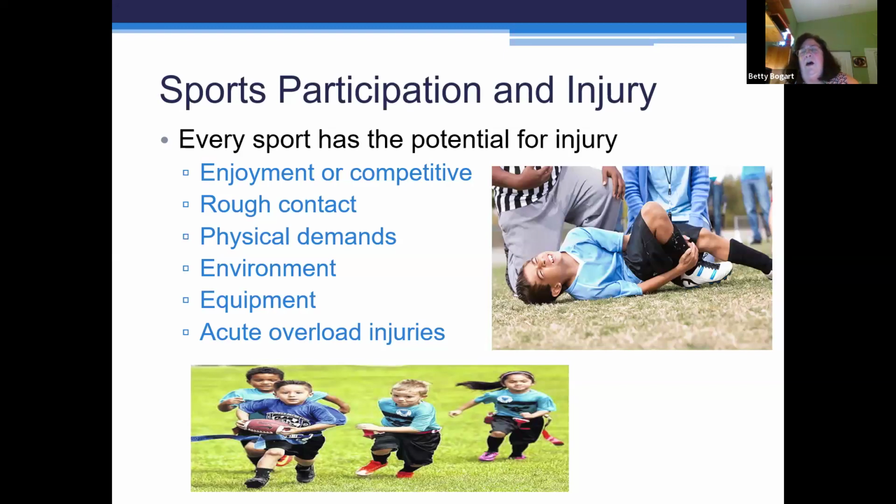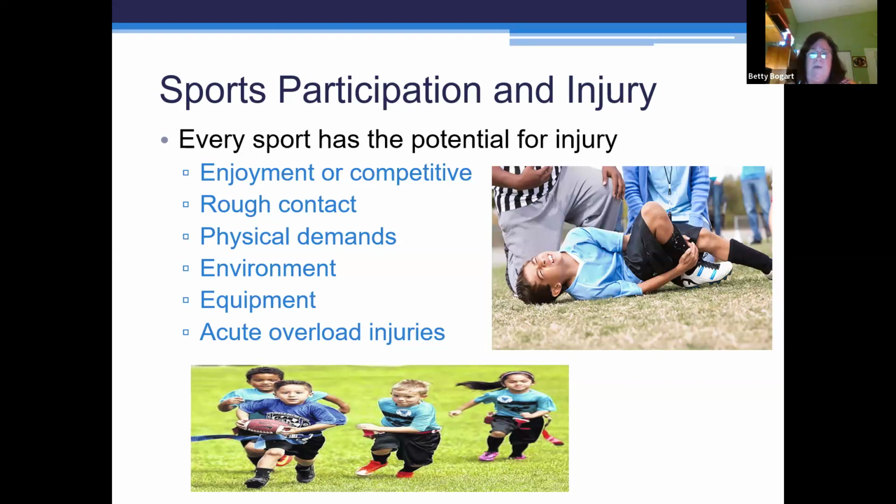Now, children love, love, love competition, right? They like to go out there and hit kids, knock them over, and it's just part of being a kid. We know that children tend to push themselves as far as they can because, again, they want to win. They don't like losing. So there are a lot of physical demands with it.